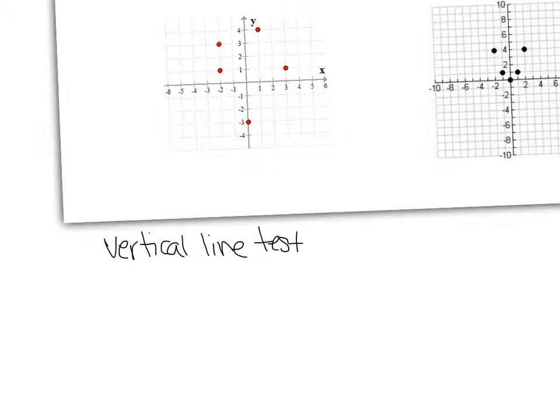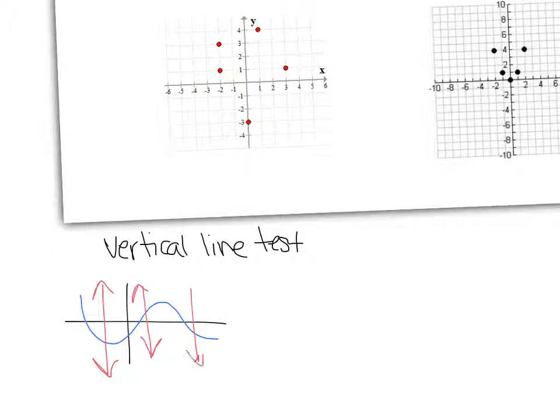And what the vertical line test tells me is, if I have a relation, so let's say this graph here, and I want to decide if it's a function: if I can draw a vertical line through it, going straight up and down, at any point, and it only crosses once every single place, it's a function. So notice that anywhere I draw this on this relation, it's only going to cross my line once.